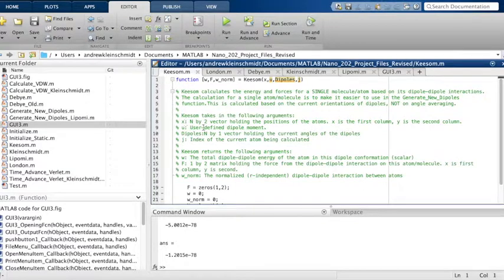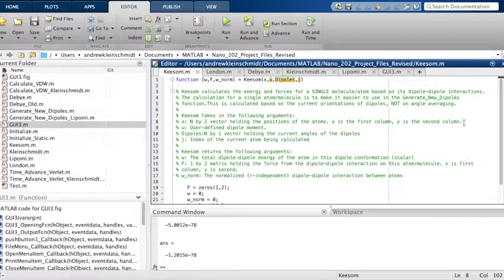So the variables that you're going to be given in calculating your Keesom forces and energies are x, where x is an n by 2, where n is the number of atoms in the system. So it's going to be an n by 2 matrix holding the positions of the atoms. The x component of position is in the first column and y is in the second column.